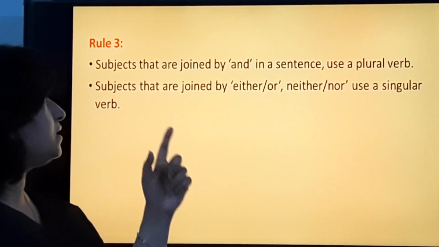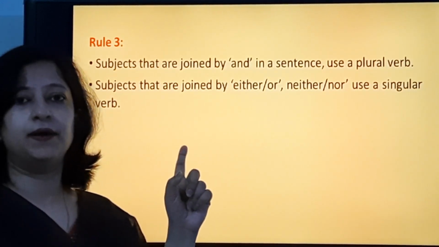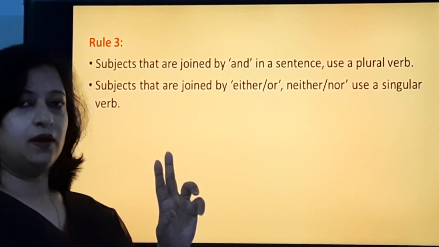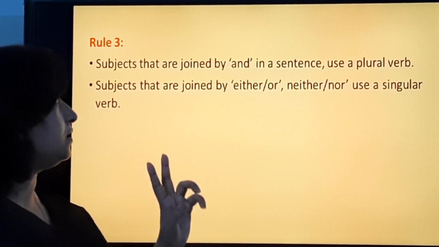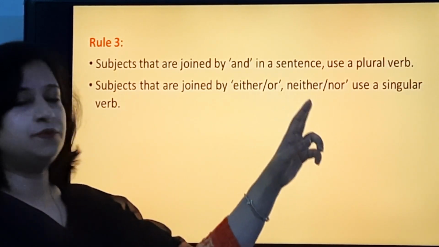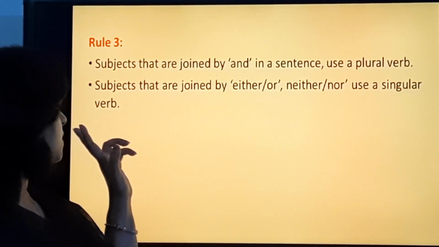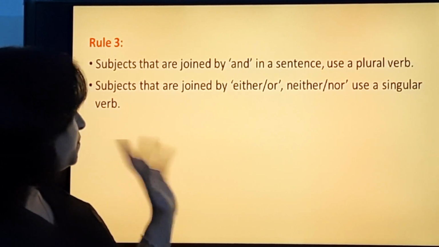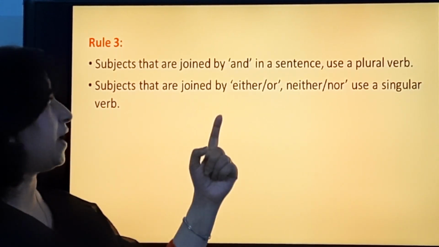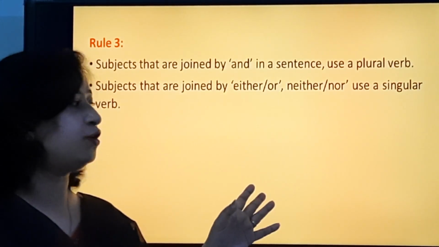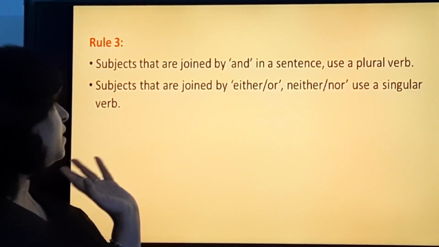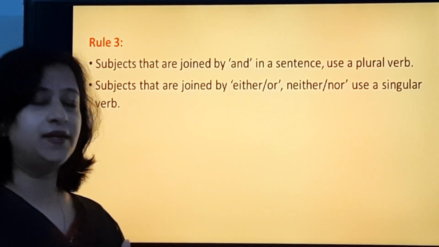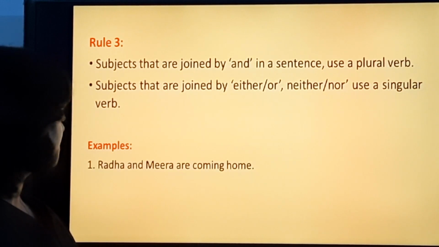Try to understand this. Whenever we use "and" to add two things together, it carries a plural verb. And whenever two subjects are joined by either/or and neither/nor, it uses only a singular verb. Alright, let's see the examples now.